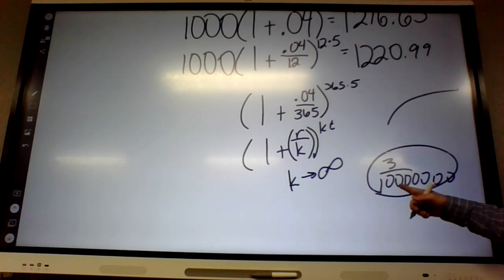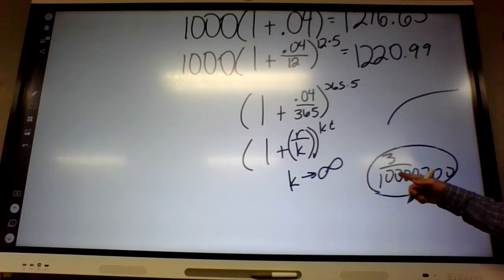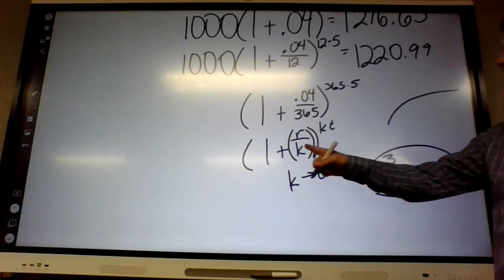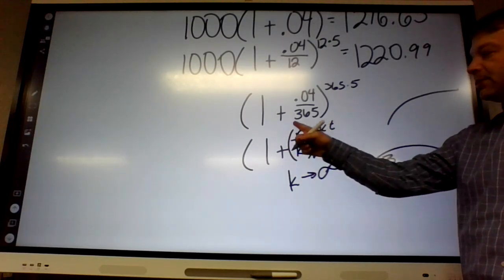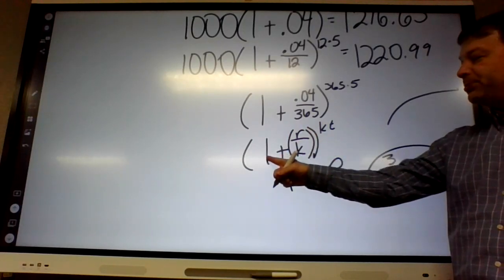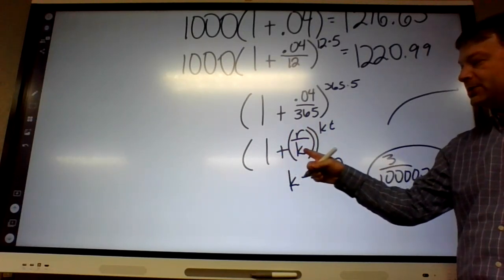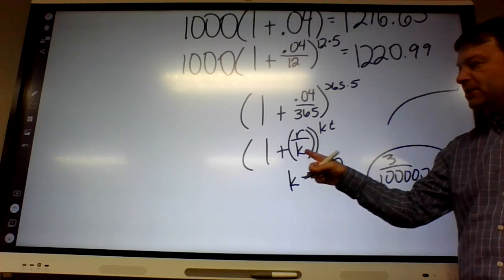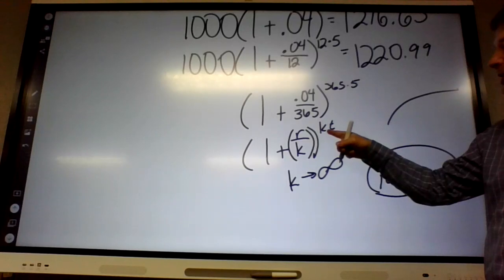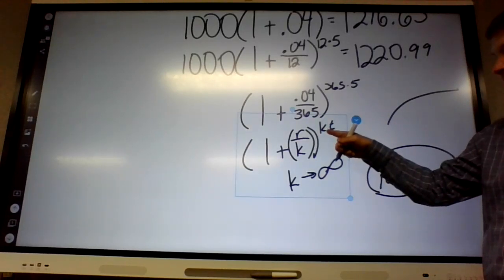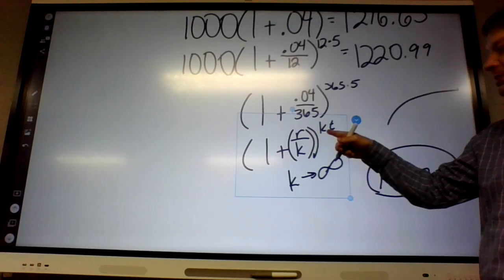Less than 1 cent. It approaches 0. If you divide by larger and larger numbers, as k approaches infinity, this approaches 0. So in the parentheses, we've got like 1 plus 0 basically, so it approaches 1. But this exponent, as k approaches infinity, will just approach infinity.